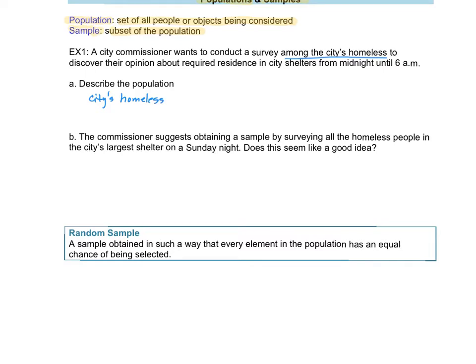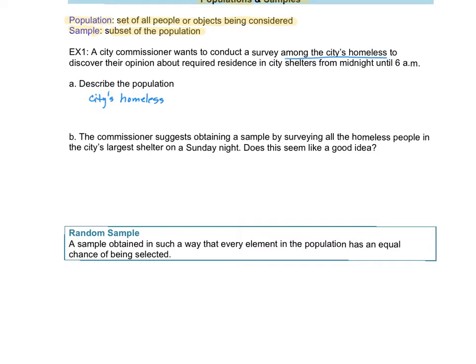Now, the commissioner suggests obtaining a sample of the population because it would be impossible to talk to every homeless person in the city. So what this commissioner is going to do, and this is in part B, is obtain a sample by surveying all the homeless people in the city's largest shelter on a Sunday night. So the question is, does this seem like a good idea?